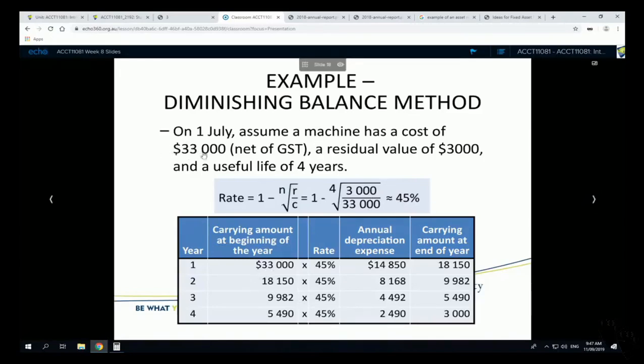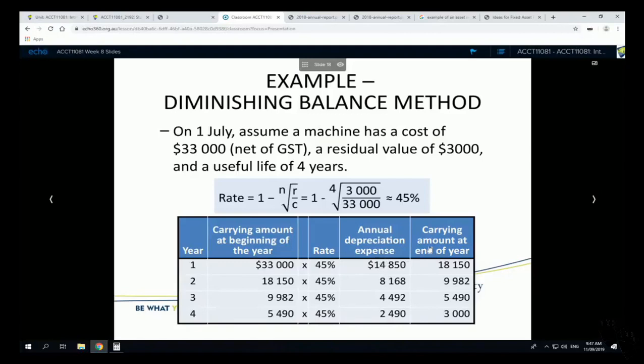So notice that to apply this 45%, we simply take the cost net of GST to start with for year one, multiply it by the 45%. That gives us the depreciation to put into that journal entry for year one. So the depreciation for year one is actually quite high.